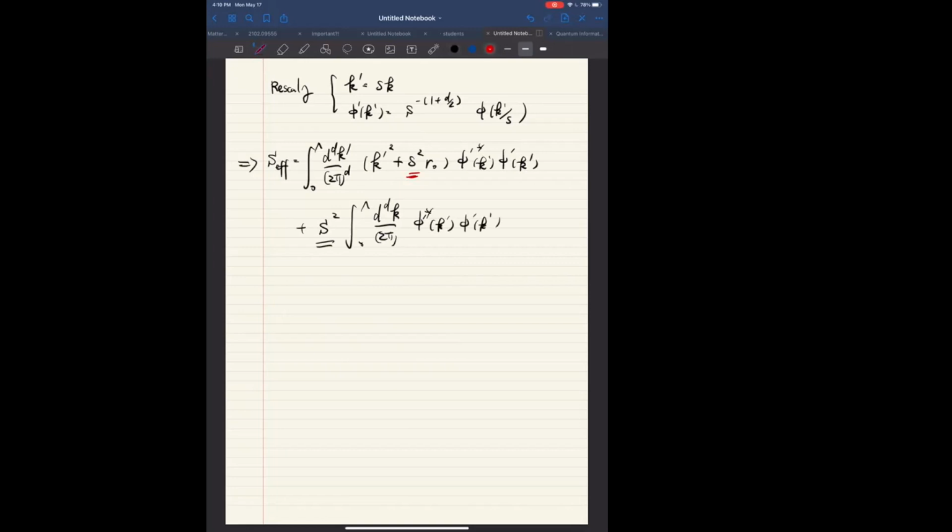Nothing comes from the rescaling here. Of course, you have this integration you want to do, but it just gives you a number that depends on lambda, R0 and mu naught. So that gives you some kind of function depending on lambda, R0 and mu naught.